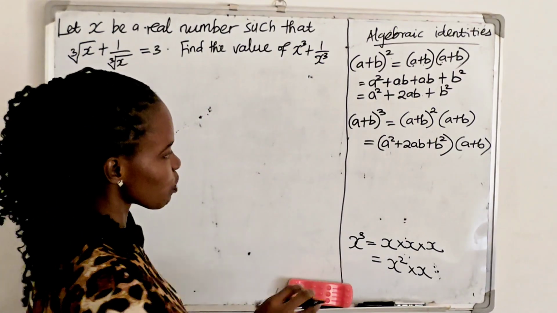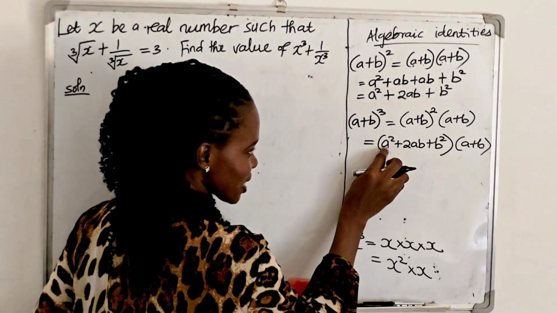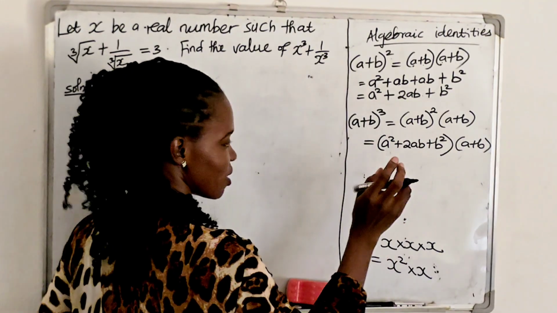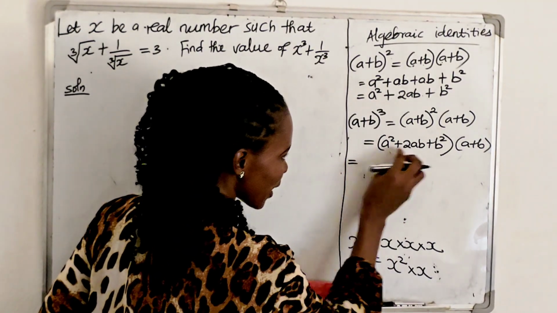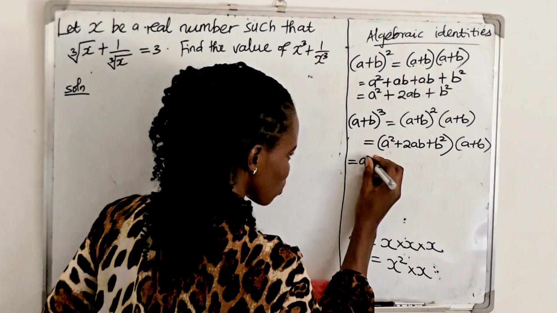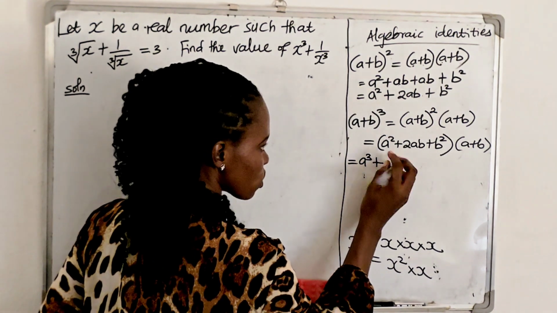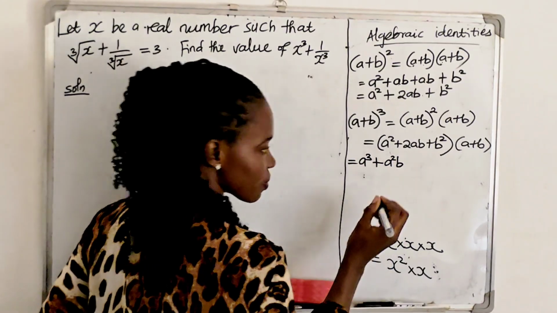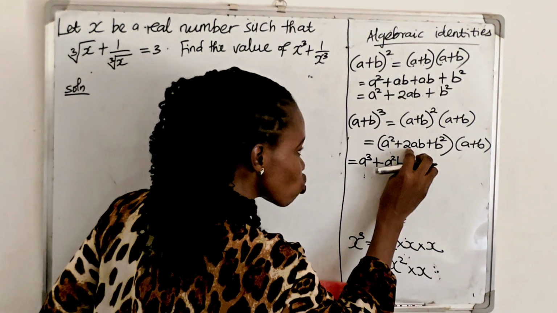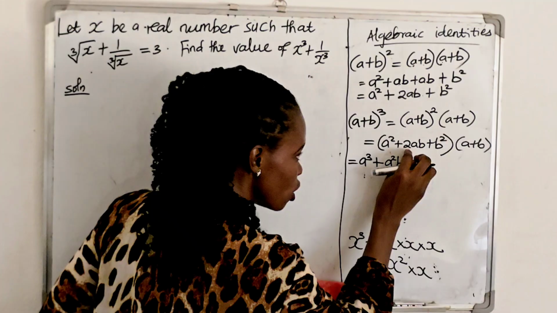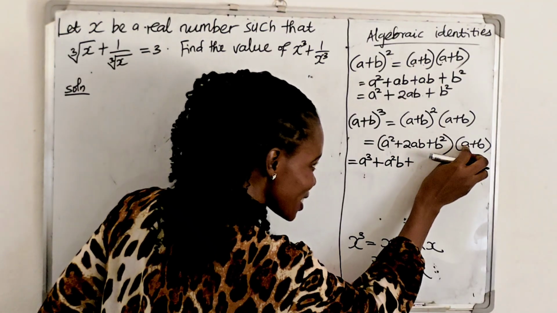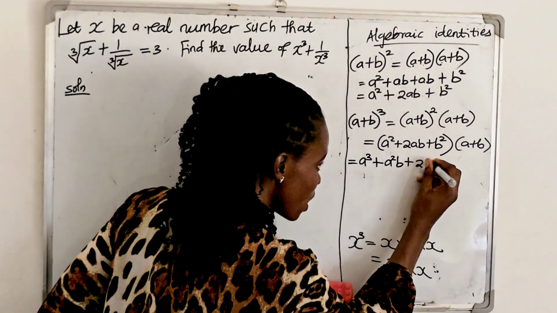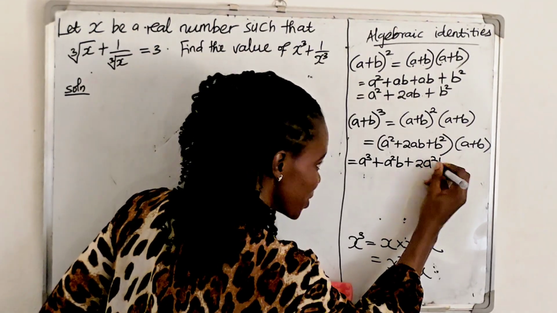Okay? So let's start the expansion. As we did before, this term we multiply the whole of this, this we multiply the whole of this, this we multiply the whole of this. So let's go. A squared times a will give you a raised to the power of 3, plus a squared times b will give you a squared b, plus 2ab times a. This a will affect this a here to make it 2a squared b.